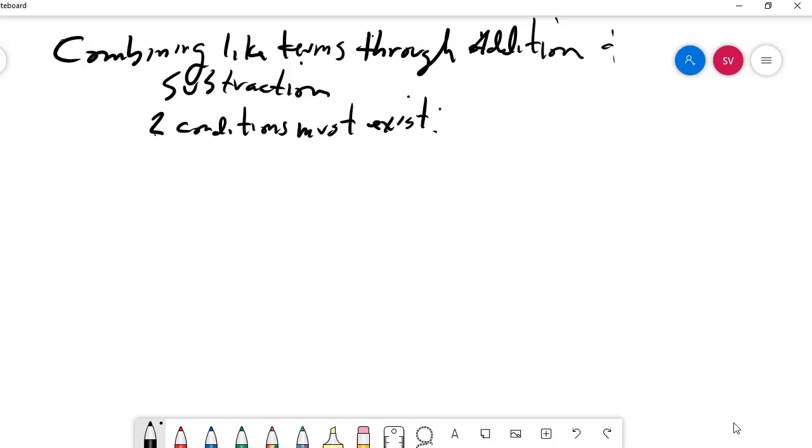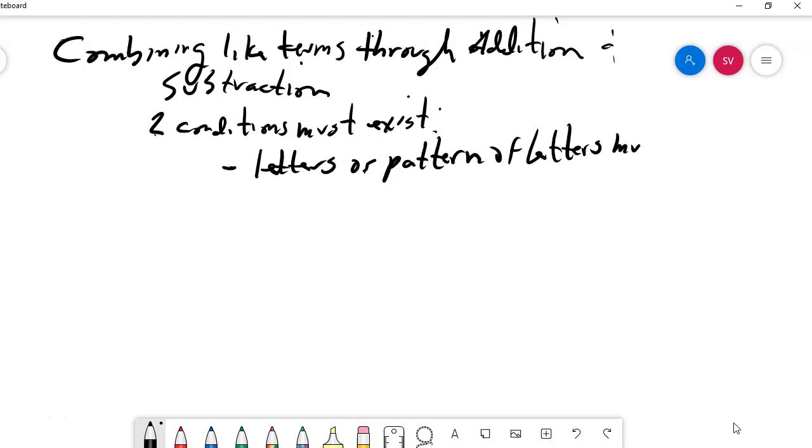In order to combine like terms through addition and subtraction, two conditions must exist. Number one is that the letters or pattern of letters must match exactly.